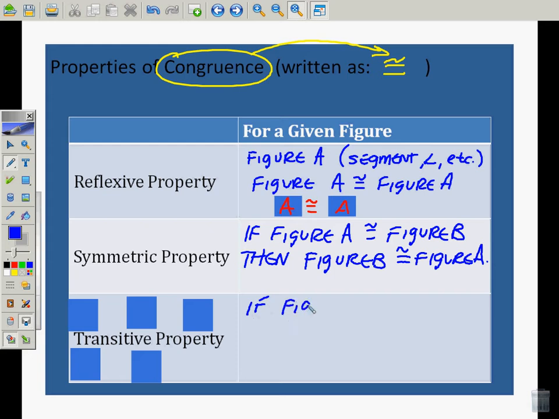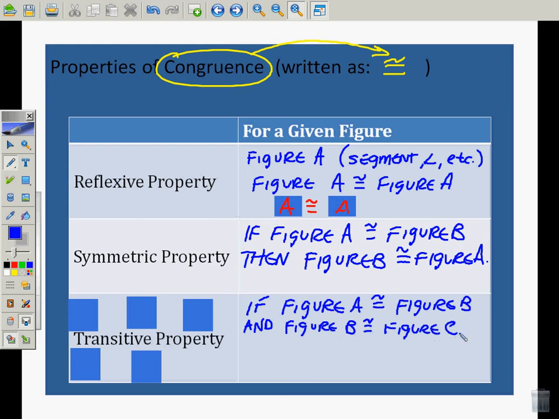Transitive property looks like this. If figure A is congruent to figure B, and figure B is congruent to figure C, then we can say figure A is congruent to figure C. We've basically got a middleman here.